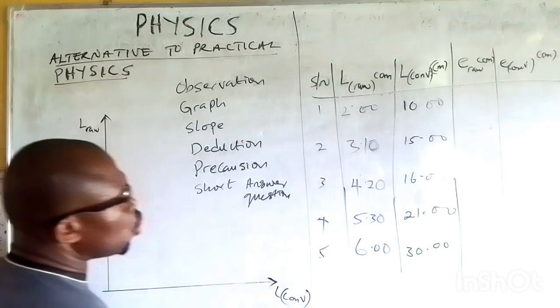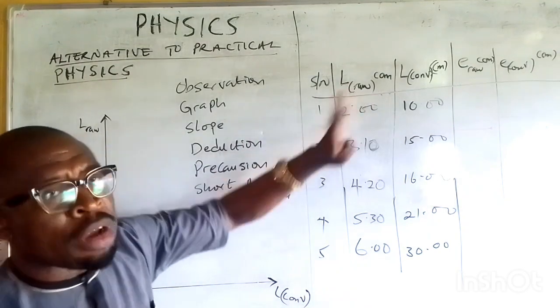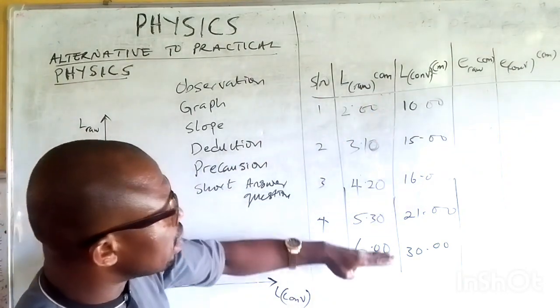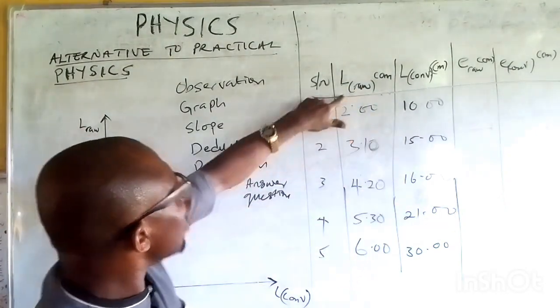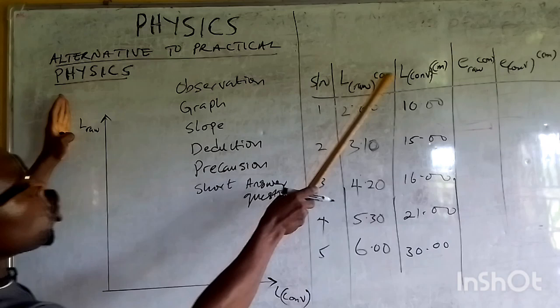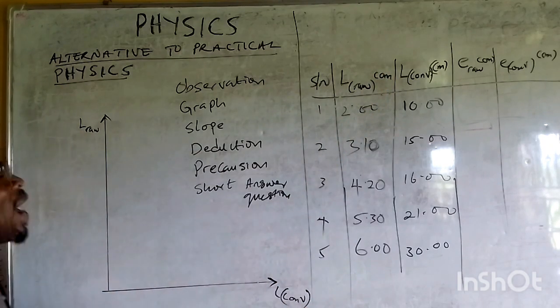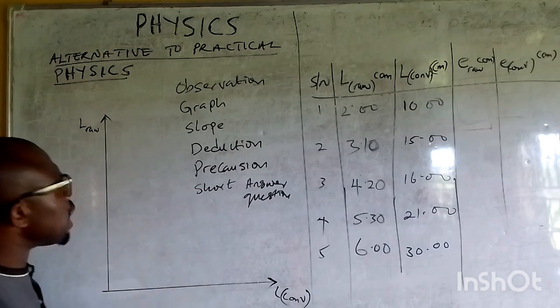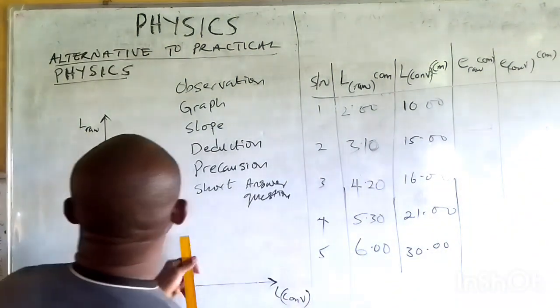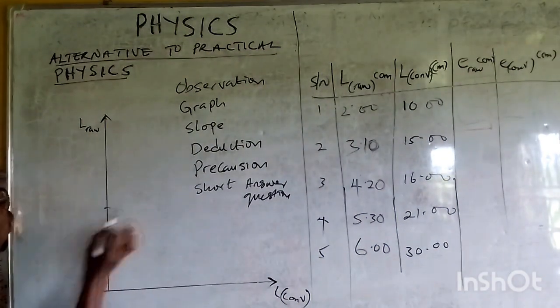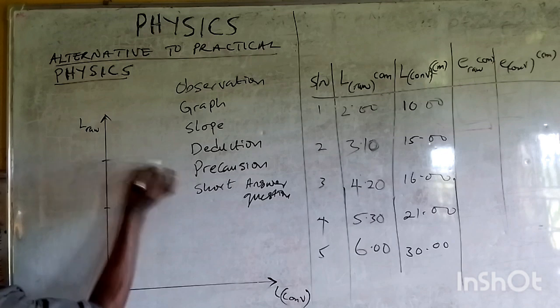Now, for me to choose a scale, I look at these values. Under the L raw, my highest value is 6. When choosing a scale, I should choose a scale such that 6 will be accommodated. This is half of the graph; 2/3 is somewhere here.